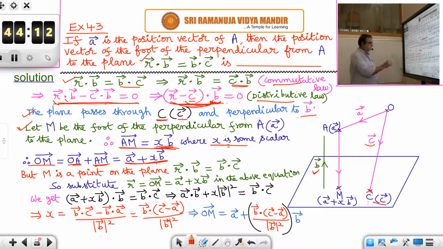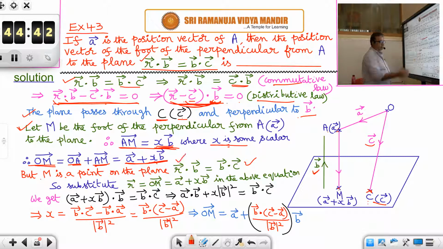So this is the position vector of M, where we have to just find the value of x. Okay. How do you find the value of x? M is a point in the plane. M is the foot of the perpendicular from A to the plane, means M is a point in the plane. So it should satisfy the equation of the plane. Which plane? The plane given in the problem. R bar dot B bar is equal to B bar dot C bar. In this equation, what is R bar?